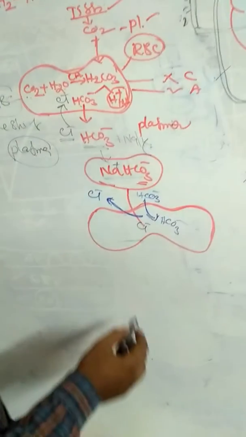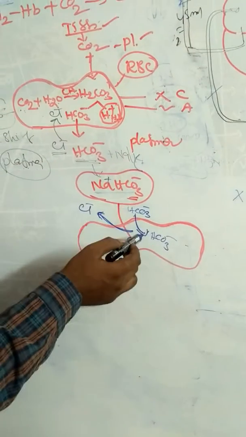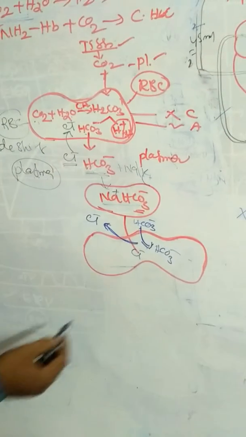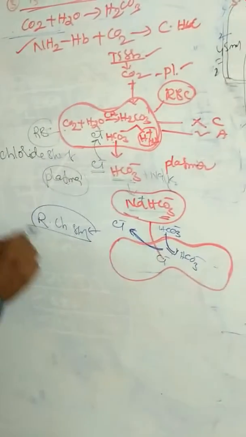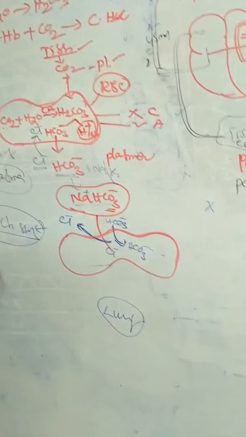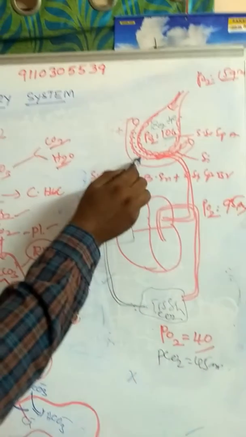Then near the lungs, exchange of HCO3 minus and Cl minus ions between plasma and RBC takes place. That is called reverse chloride shift. Reverse chloride shift occurs near the lungs. Chloride shift occurs near the tissues.